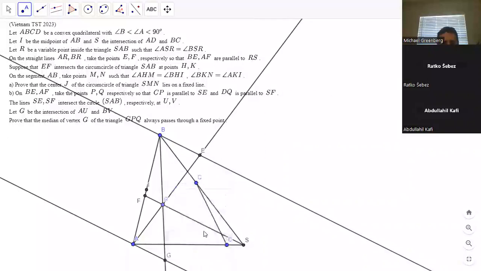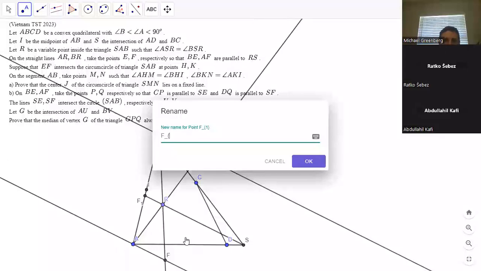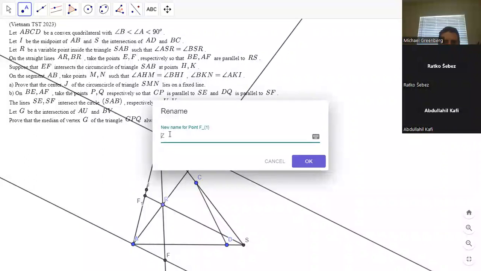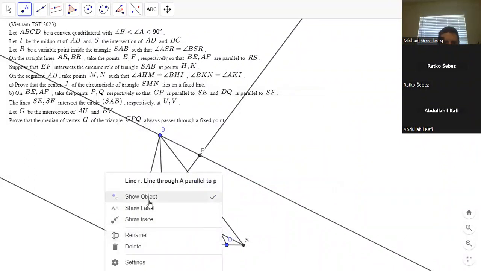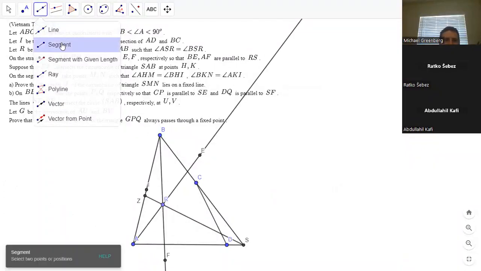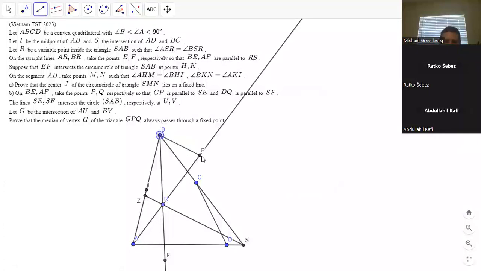We want this to be F. So we'll call that K. Not K, let's call it Z. I have no idea who would think of this kind of a problem. Watch it be like the easiest problem ever, and they're just trying to scare you by making it super long. I don't think they would do that though.